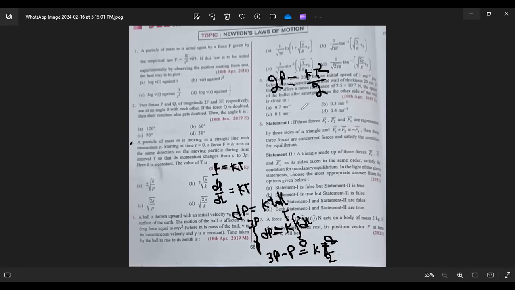After that, we will find T square. So T is equal to the square root of 4p upon k, and you can see how to solve this equation. Your option number B is the right answer.